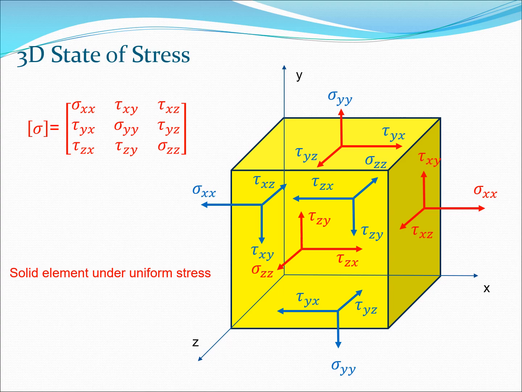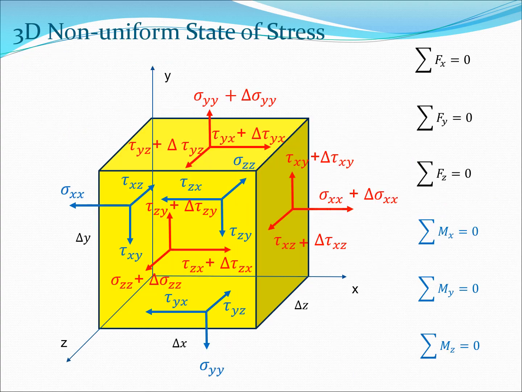So this was a case of uniform stress, and there we saw that one of the conditions which comes out of uniform stress is that for moments to be satisfied, the shear strains have to be symmetric. So tau xy will be equal to tau yx, tau yz equals to tau zy, and tau xz equals to tau zx.